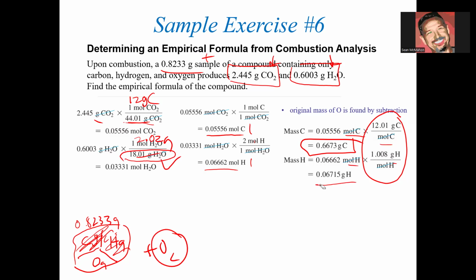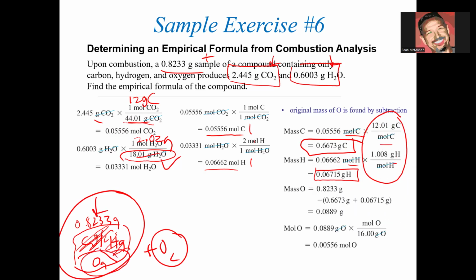But what's important for now is that from the 0.8233 grams, you have the grams of carbon and the grams of hydrogen, and you're going to subtract that from this total to get the grams of oxygen. You see that right here, 0.8233 minus the sum of carbon and hydrogen, and it gives me the small amount of oxygen.